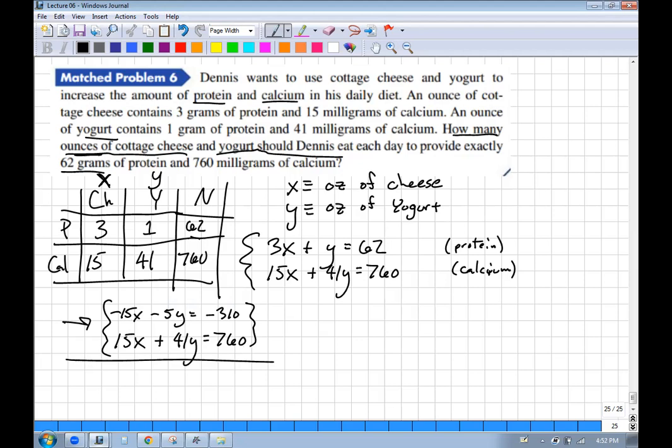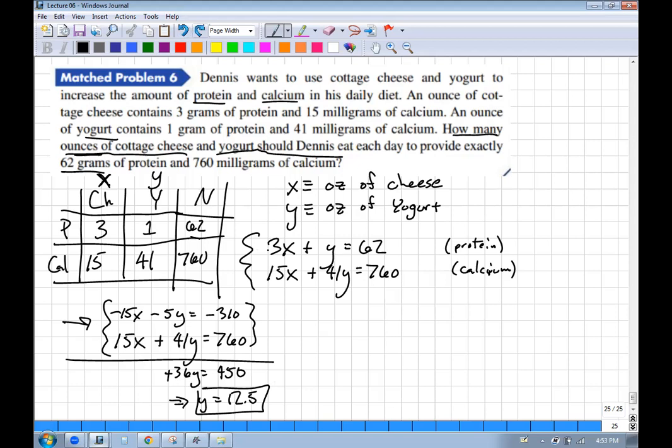If I add these, those are going to go away. 41 minus 5 is 36. 760 minus 310 is 450. So 450 divided by 36 is 12.5. Now that I know what y is, I can plug it into either equation.